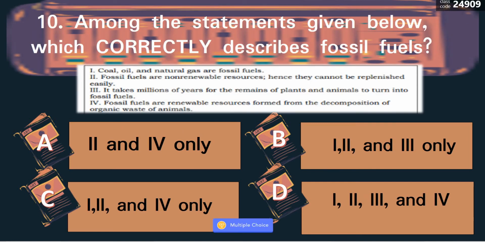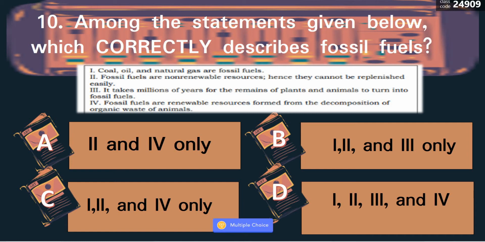Among the statements given below, which correctly describes fossil fuels? 1. Coal, oil, and natural gas are fossil fuels. 2. Fossil fuels are non-renewable resources. Hence, they cannot be replenished easily. 3. Takes millions of years for the remains of plants and animals to turn into fossil fuels.